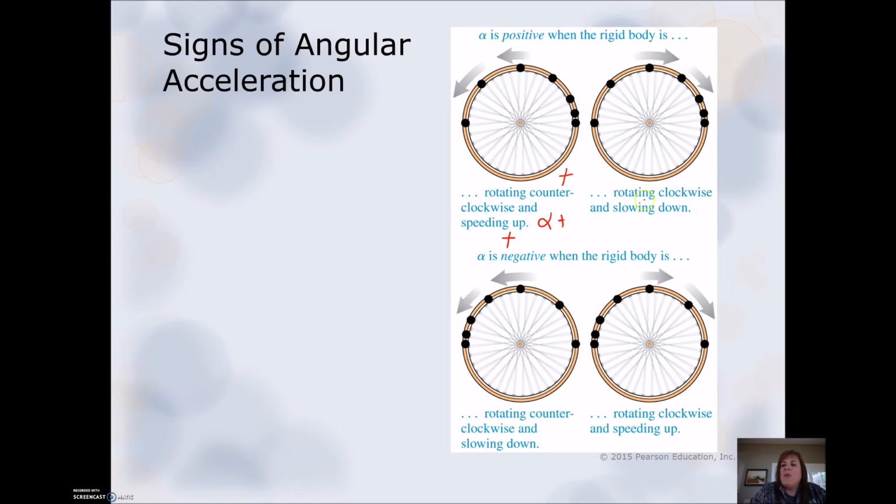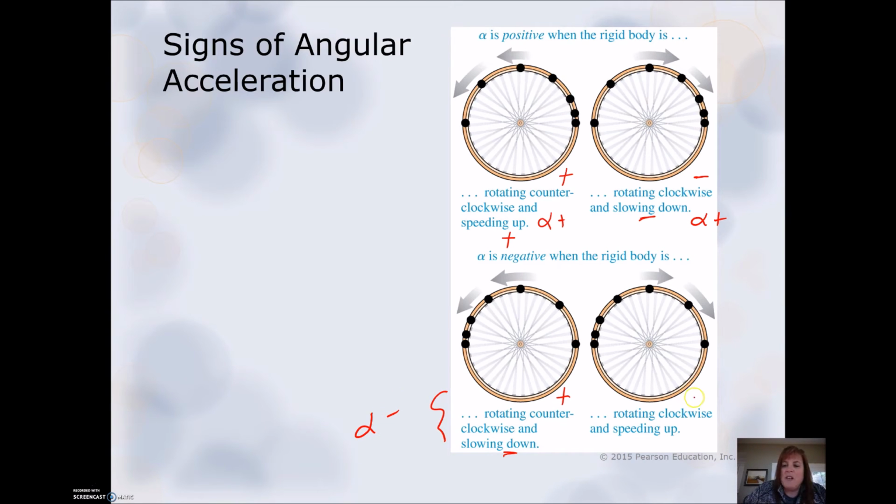Or here I'm rotating clockwise, that's the negative direction, and I'm slowing down, and I know a negative times a negative is a positive. So again, if I'm rotating clockwise, the negative direction, and I'm slowing down, that's positive angular acceleration in this case. Down here, if I'm rotating in the positive direction, my counterclockwise direction, but I'm slowing down, a positive times a negative gives me a negative angular acceleration.